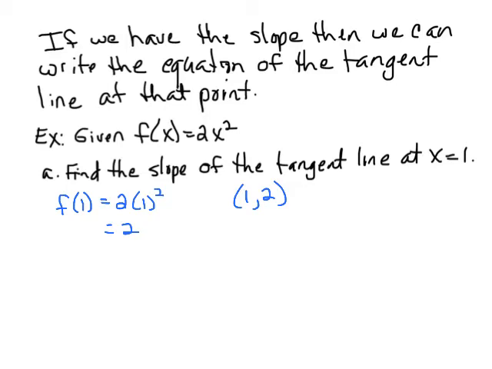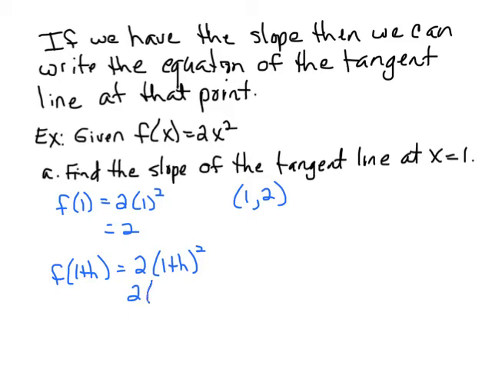So I have to find f of 1 plus h. F of 1 plus h is going to be 2 times the quantity 1 plus h squared. This is where most of the work is going to be, because I have to expand the 1 plus h. I would multiply this out and then combine terms.